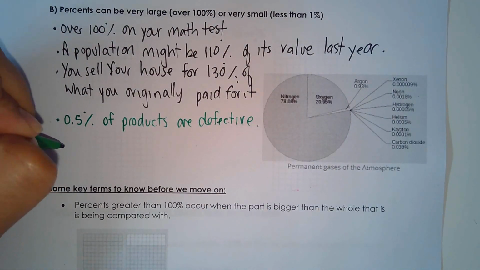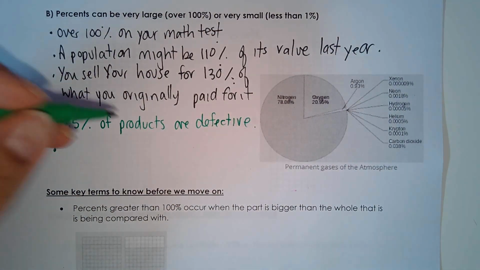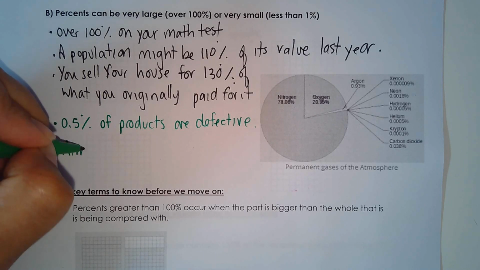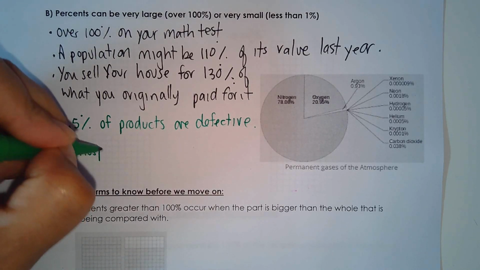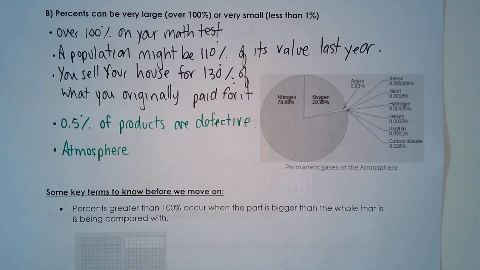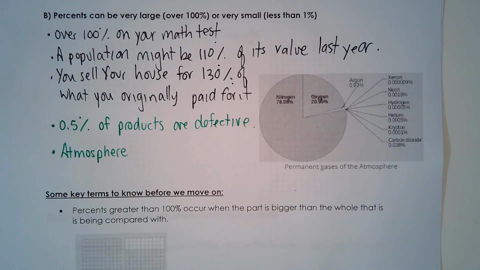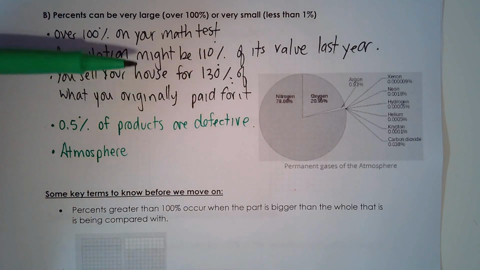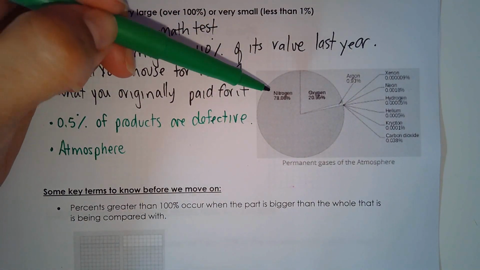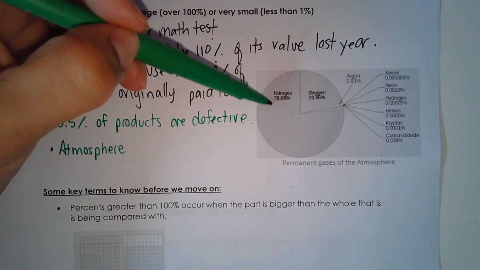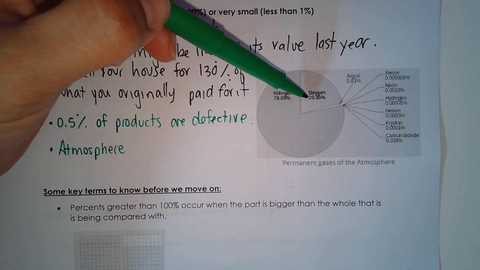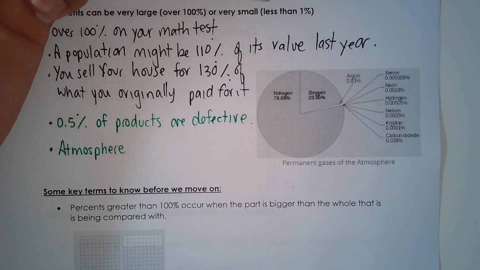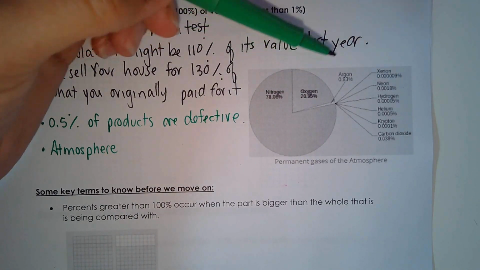And another example here, I've got a picture to the right, is the atmosphere. So let's take a look at the gases, the composition of the atmosphere. It's a mixture of different gases that surround the Earth. You'll notice nitrogen is 78%, oxygen is about 21%, and then we get into some really small numbers.